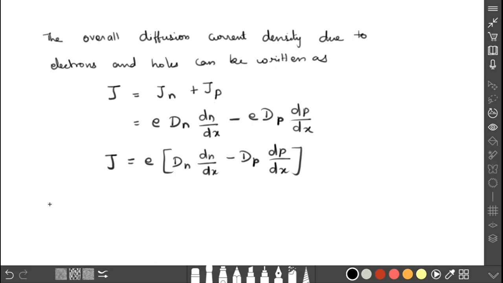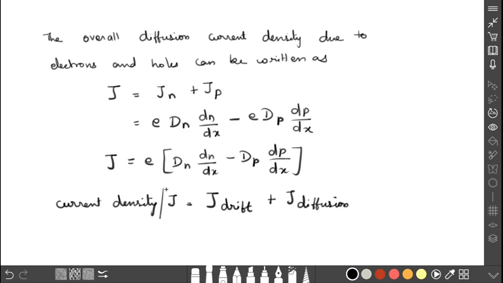If you want to find the current density for the semiconductor, we have to combine J drift plus J diffusion. This is the overall current density, so you have to remember this formula, right? Separately we have discussed for diffusion as well as for drift.